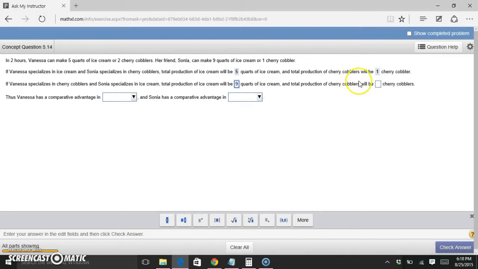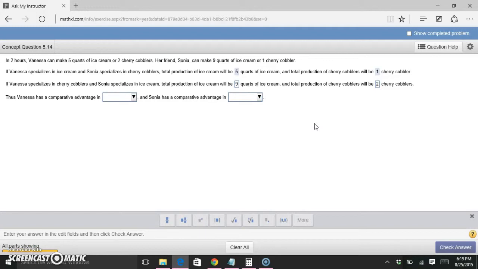And how much cherry cobbler do we end up with total? We end up with however much Vanessa can make, because she's the only one making cherry cobbler. And we're told in the beginning she can make 2 cherry cobblers. So our economy of dessert now ends up with 9 quarts of ice cream and 2 cherry cobblers, if the girls specialize in this way.